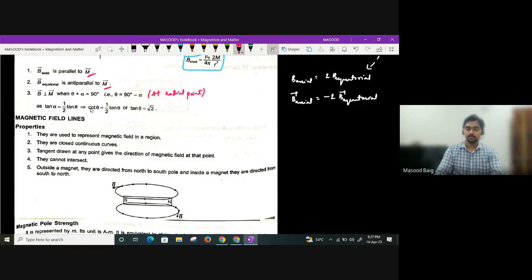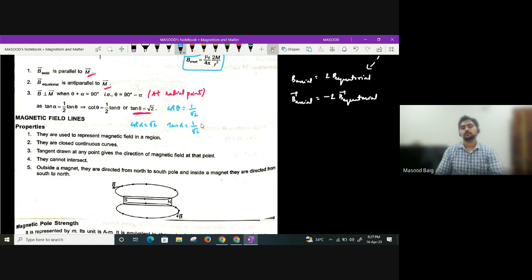Or I can write tan theta value as root 2. I can also write cot theta value, you can write, beta. Cot theta value, you can write it as 1 by root 2. In the same manner, I can write cot alpha will be root 2. And I can write tan alpha will be 1 by root 2. Clear?